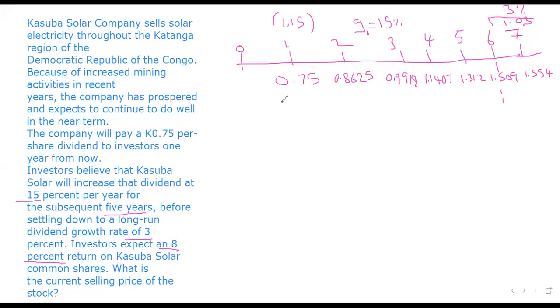So calculate the present value. You can use a table, or you can just use 1 over 1.08 to the power of the respective n. So for the first year, 1 over 1.08 to the power 1, second one to the power 2, third one to the power 3. What are you getting here?